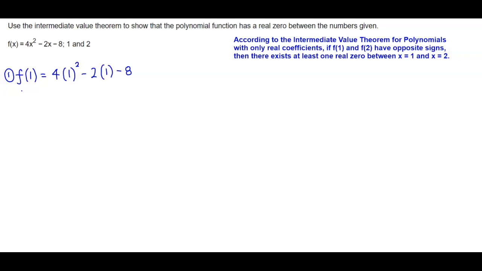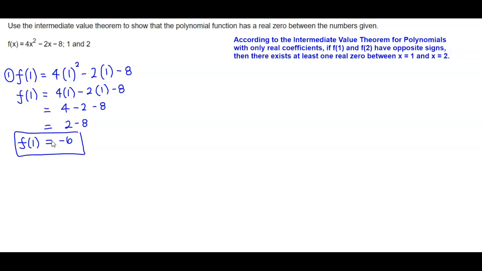What do we get here? f of 1 equals 4 times 1 squared, so that's 4 times 1, minus 2 times 1, minus 8. 4 times 1 is 4, minus 2 times 1, which is 2, minus 8. 4 minus 2 is 2, and then minus 8 gives us negative 6. So we know that f of 1 equals negative 6.